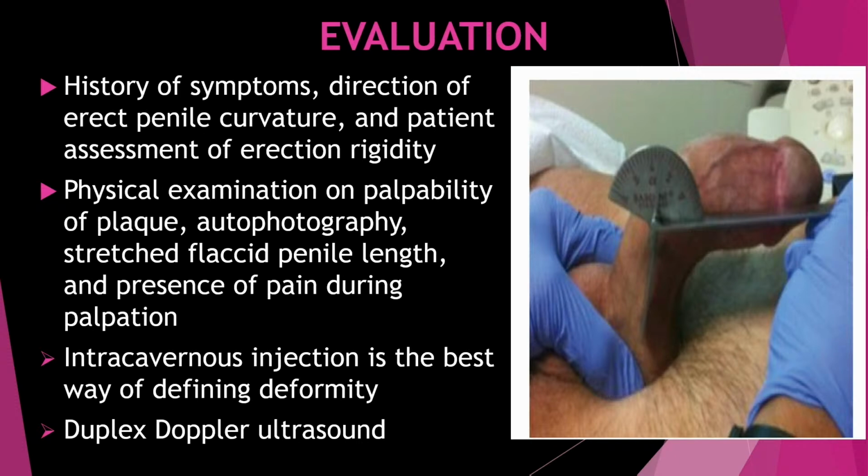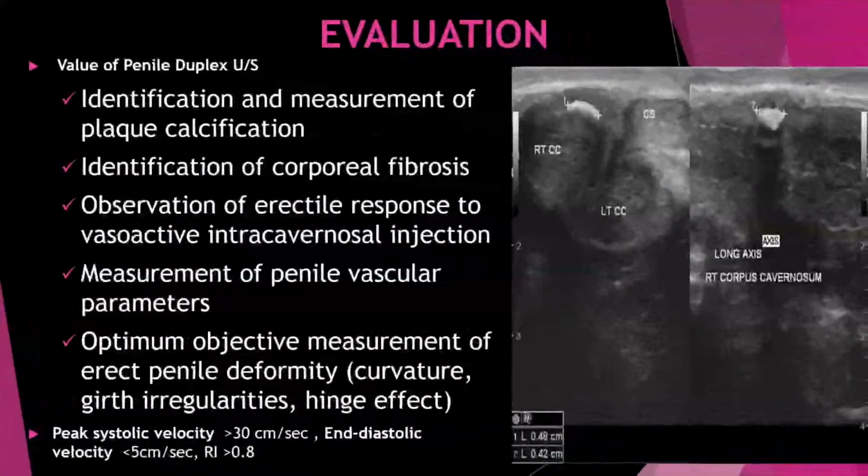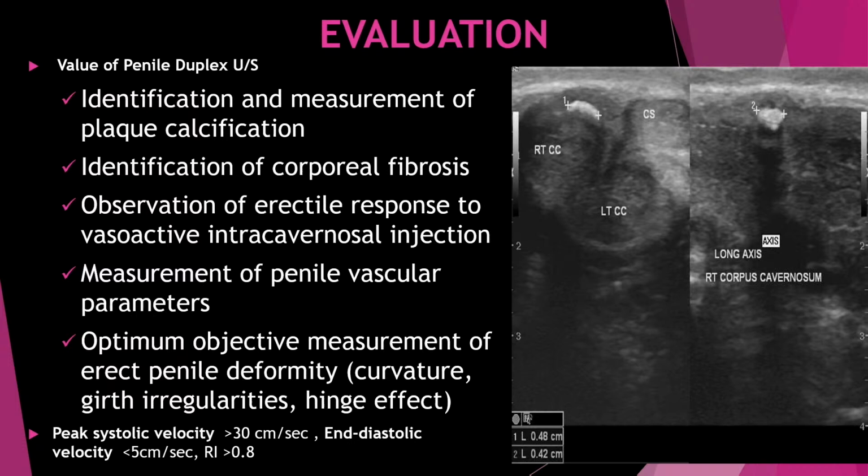The definitive evaluation comes in Doppler ultrasound after injection of vasoactive intracavernosal prostaglandins. The Doppler ultrasound is of paramount importance because it's only through that you can objectively define the curvature and the hinge deformities and the irregularities in the girth of the penis.